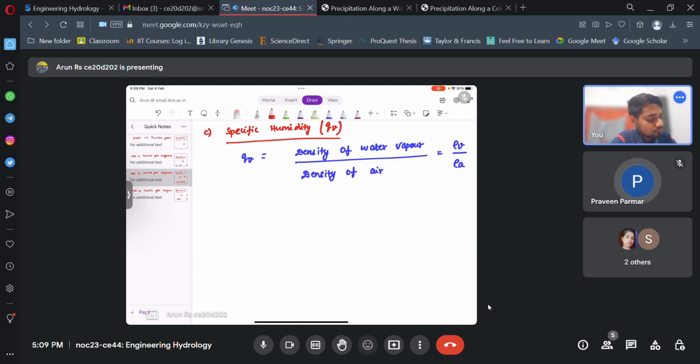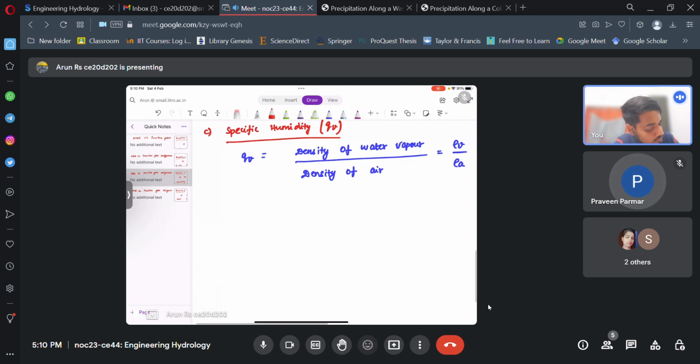Yes, sir. Okay. So your air is a mixture of different gases. But by Dalton's law, we know that the partial pressure exerted by each of the gases is independent, right? Yes. So we make use of that expression.